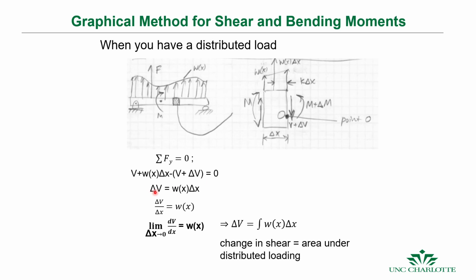So then we get the change in shear is equal to the distributed load times the change in distance, or we could say that delta V over delta x is equal to the distributed load. And if we took the limit as delta x goes to 0, we have the change in shear with respect to x is equal to the distributed load. Okay, so the change in shear is equal to the area under the distributed loading. Okay.